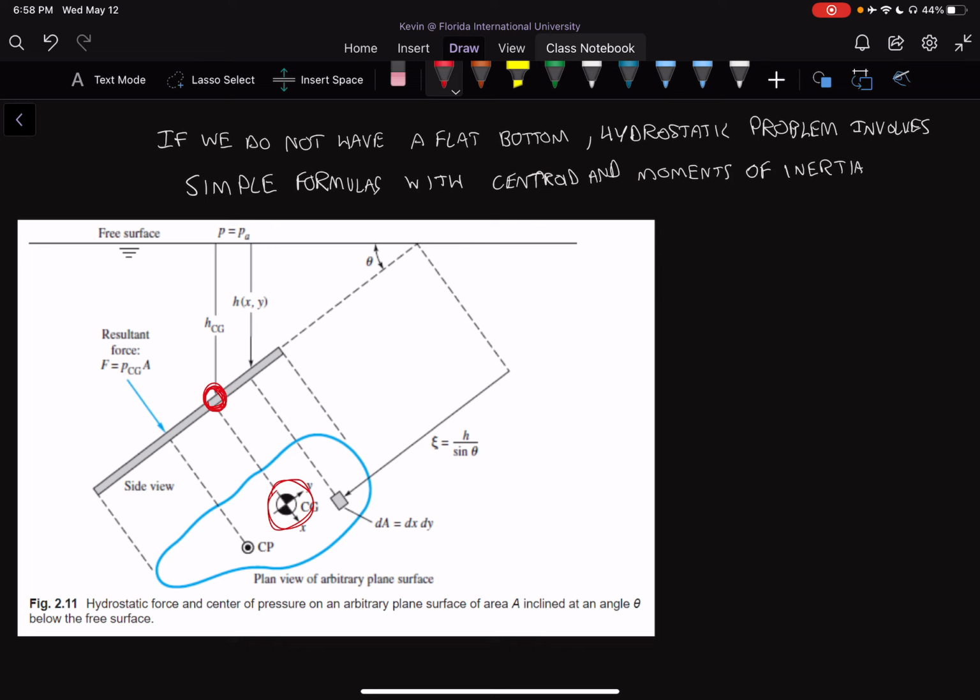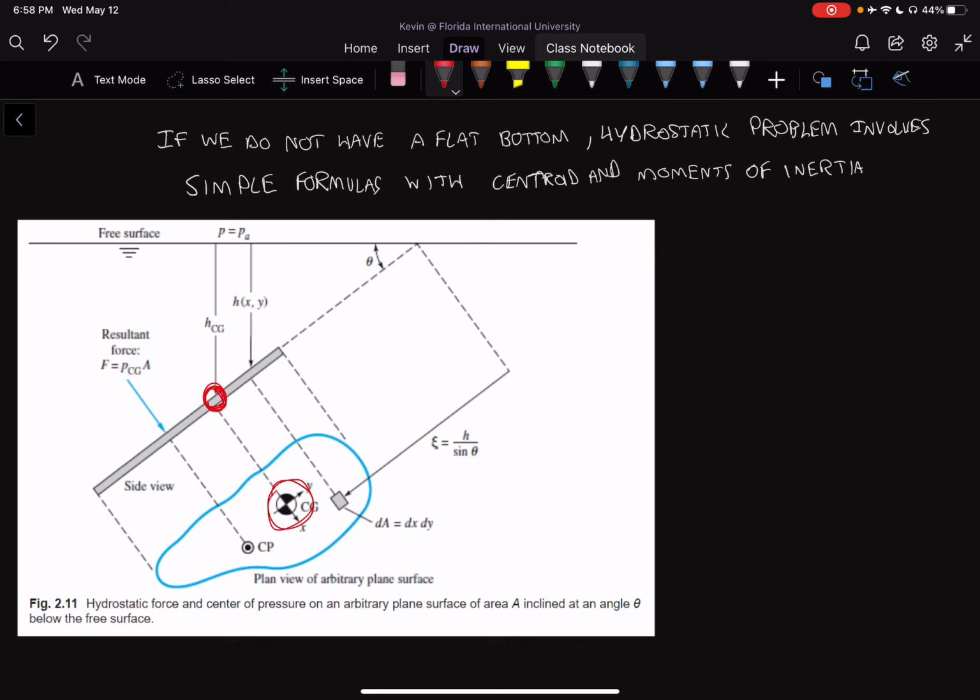So from the side, this is the center of gravity of the plate. We're going to need to know the height of that center of gravity because that's going to be very important in figuring out the force acting upon that plate. It's important to find the height of that center of gravity because we know that force on a submerged surface is going to change as the depth changes.